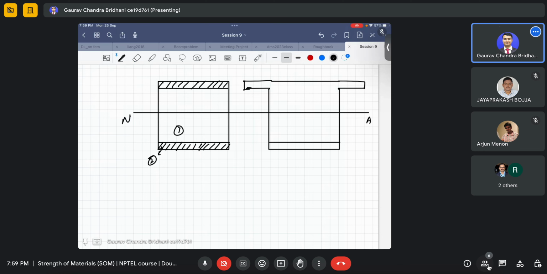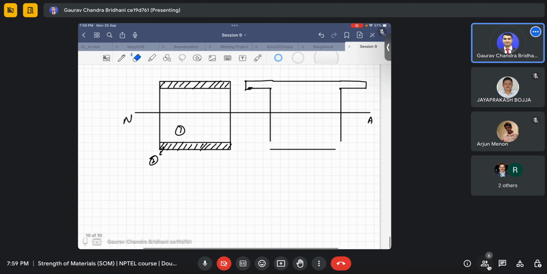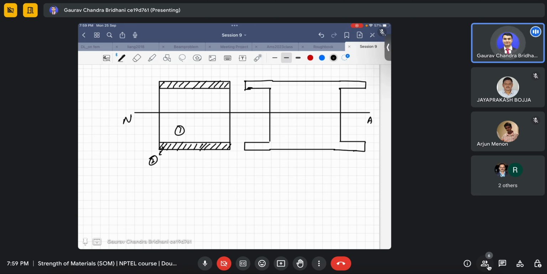There is no point, because it is the same area, same material, everything is the same now. Like this. Okay. Now everything is of material 1, nowhere is material 2.